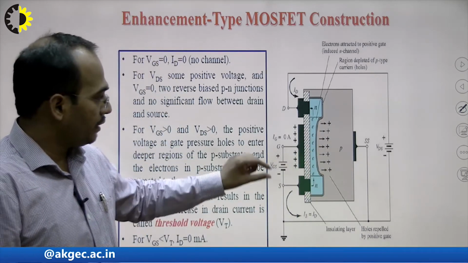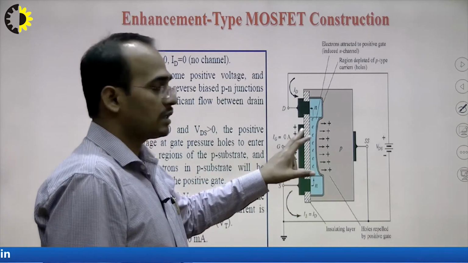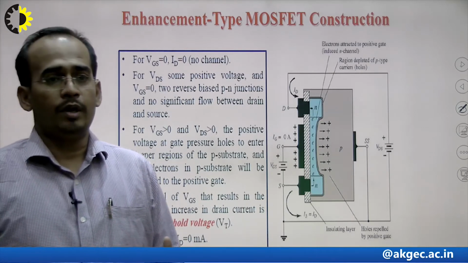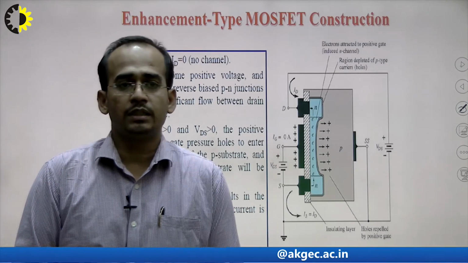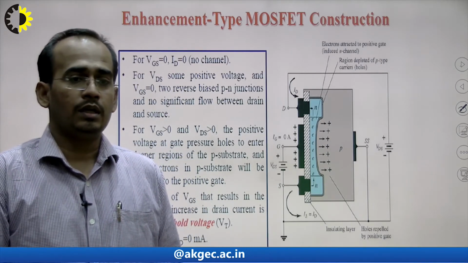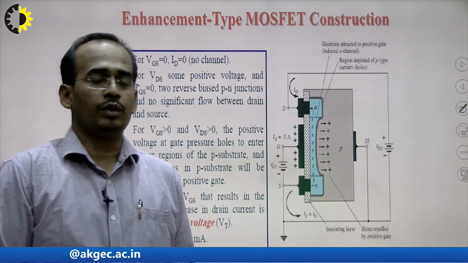The gate to source voltage at which the charge carriers start accumulating is known as the threshold voltage.